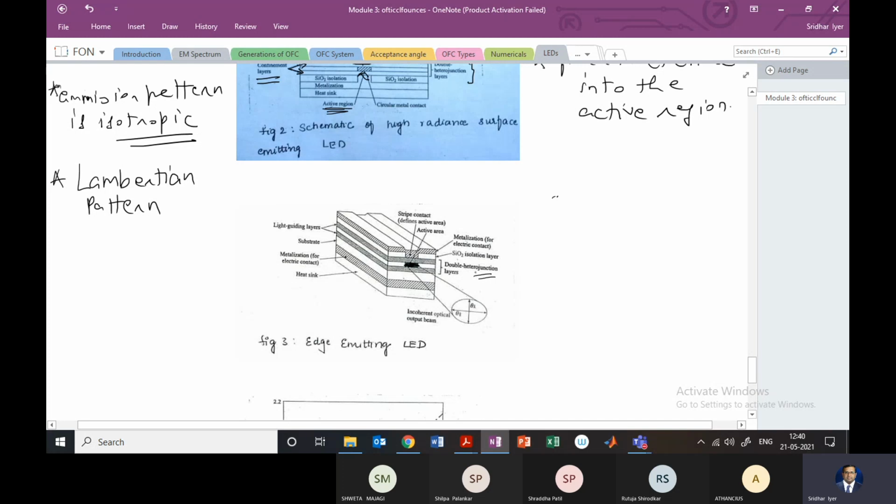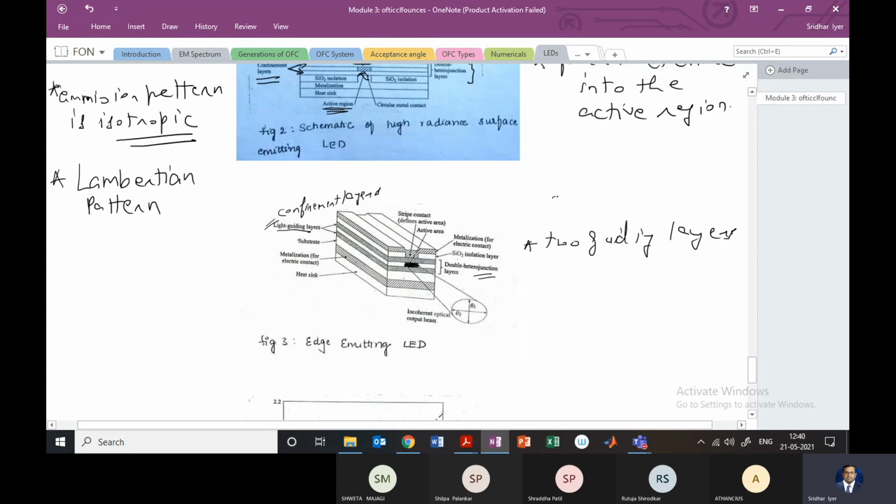And this is the source of light, and we have two guiding layers. You can see here at the back we have specified light guiding layers. These are nothing but the confinement layers.